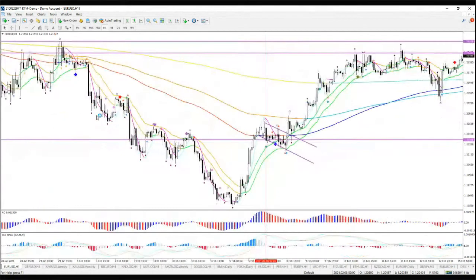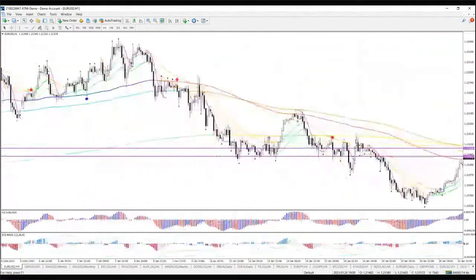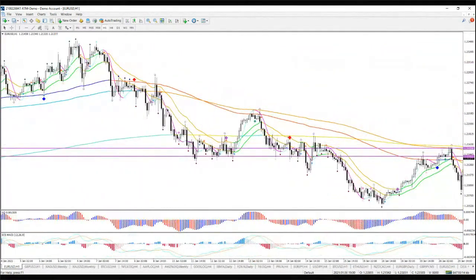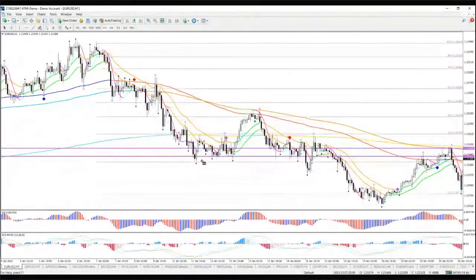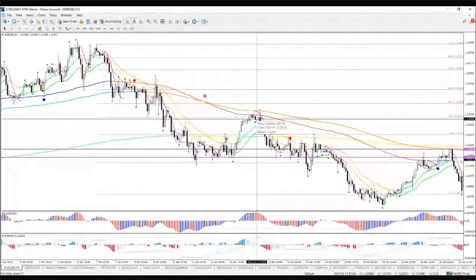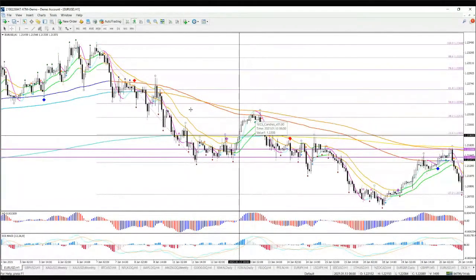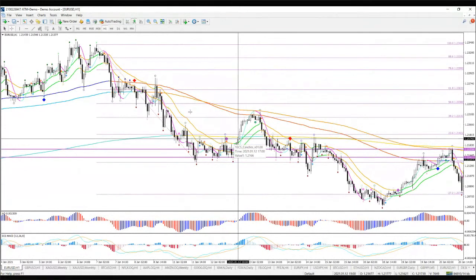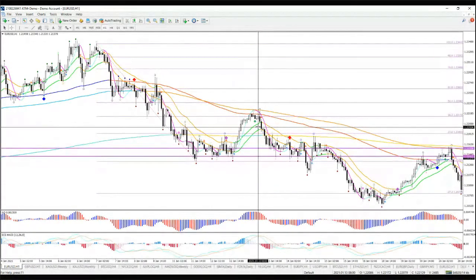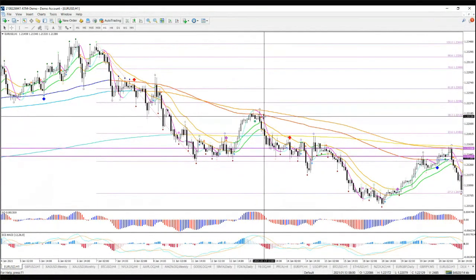Let's take a look at this fib. So wave 1, 2, 3. So we expect a wave 4. So obviously, let's see, how can we use that information?